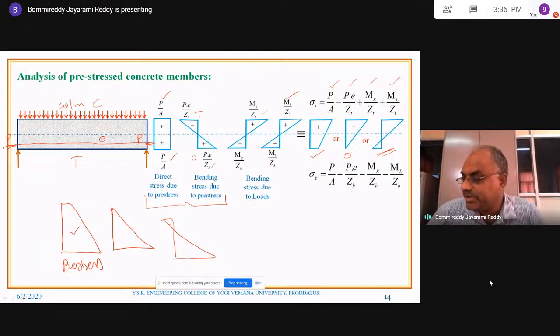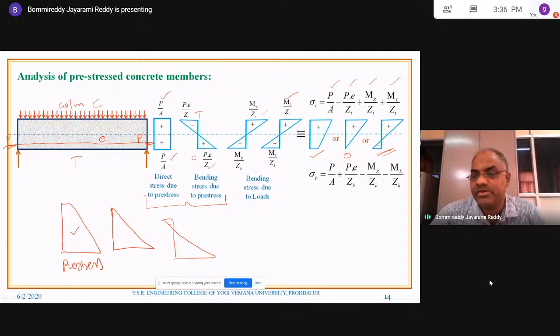Okay, so these are the stress diagrams. And what is the resultant stress at the top? At the top, only the moment due to pre-stressing force creates tension, and all the remaining three terms contribute compressive stress. So more compressive stress at the top.